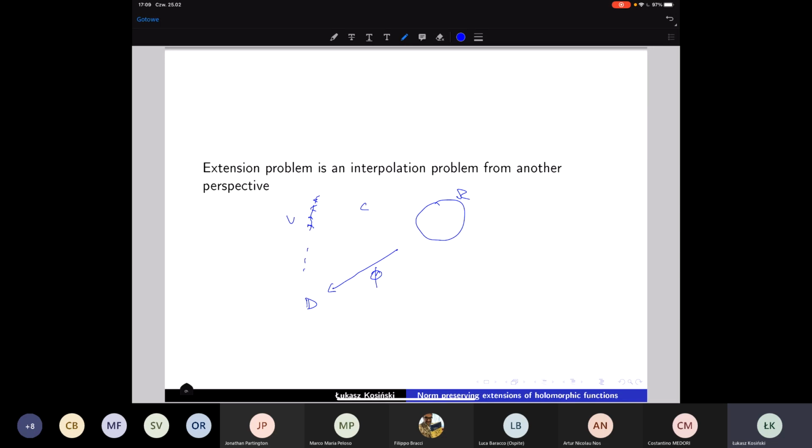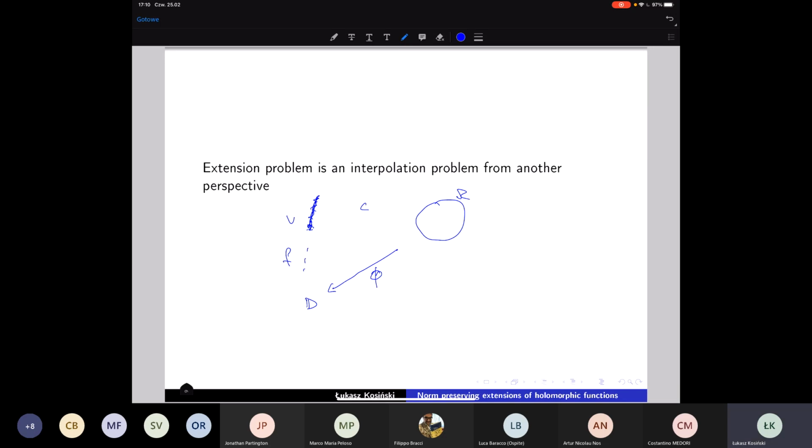When we deal with the extension issue, then V usually is a variety. V has some structure, and we have a map F here that keeps this structure, and we want to extend it to the whole omega, which means that we are looking for phi. Here this phi will be analytic and interpolates.